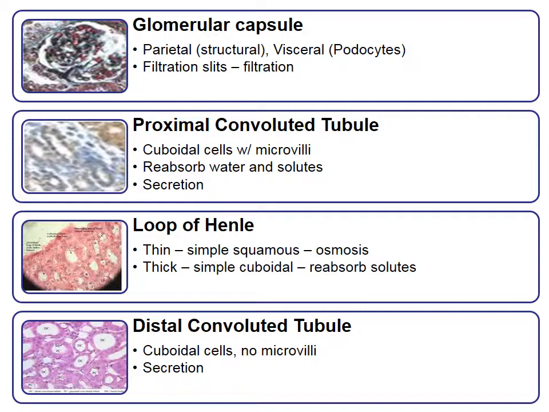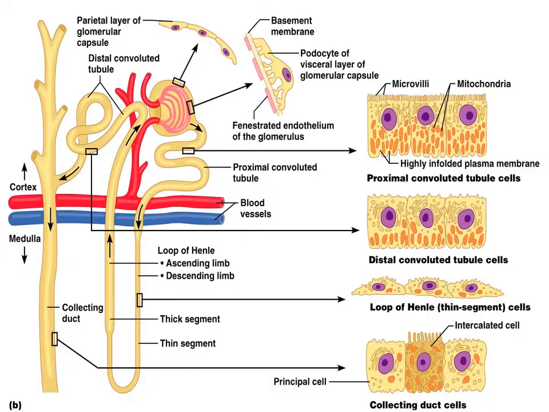Like the proximal convoluted tubule, it performs reabsorption or secretion of different molecules. Take a few minutes to review the structures of the renal corpuscle and renal tubule, along with their tissue types and general functions.